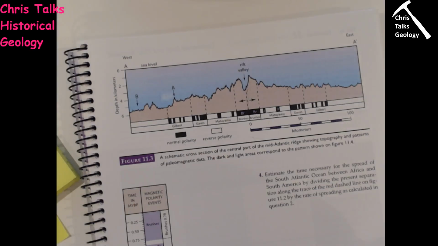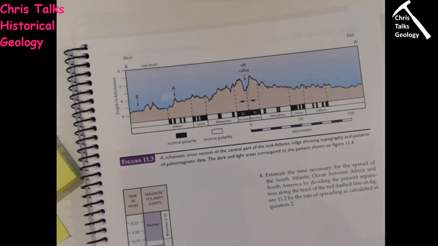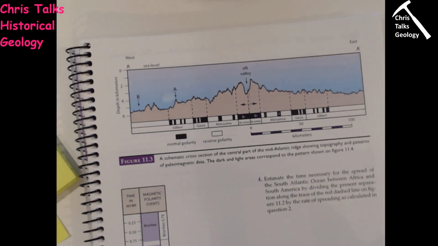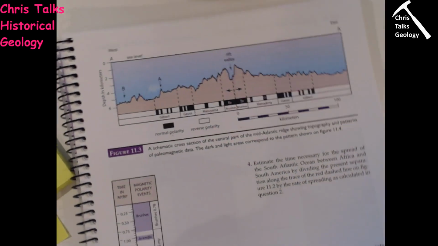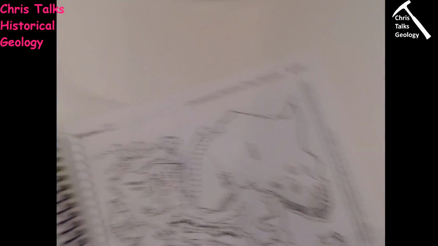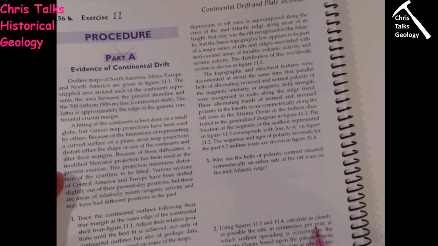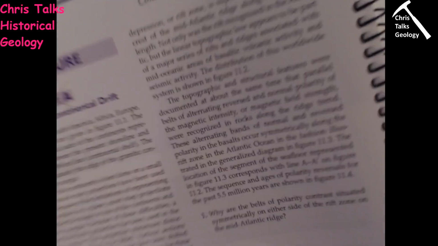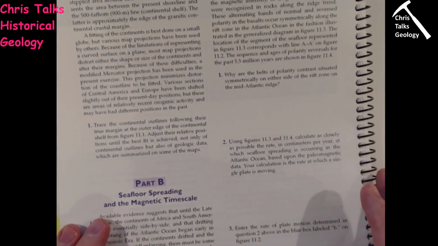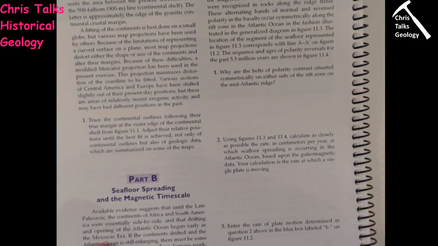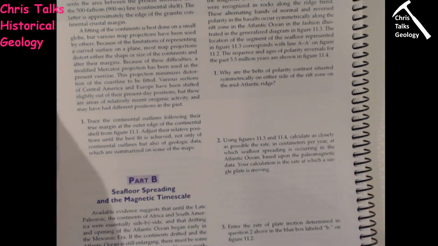It's going to be the distance divided by the years, because the rate we're looking for is centimeters over years. And that's going to give us the rate at which our plate is moving. So it's actually quite a straightforward exercise when you think about it.